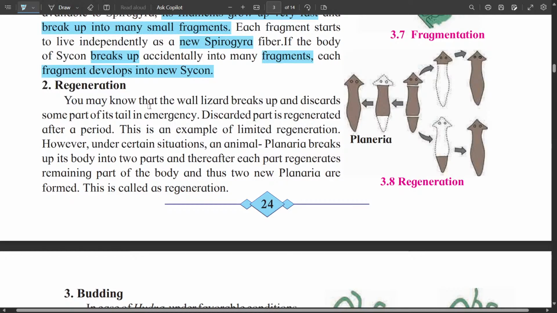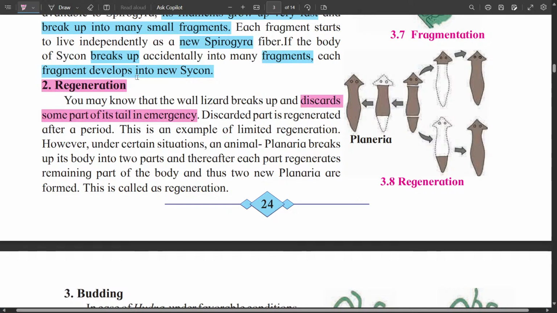The second one is a little bit complicated. It is regeneration. Let us see what regeneration is. You may know that the wall lizard breaks up and discards some part of its tail in case of emergency. When that lizard is caught by some predator, it just moves back and cuts the tail and runs away.